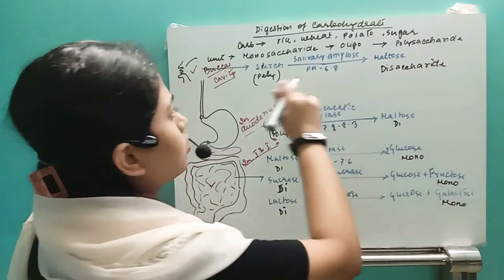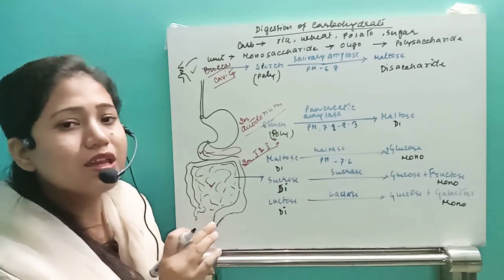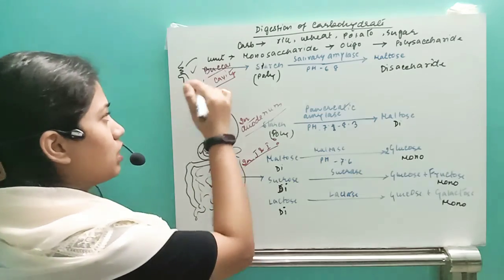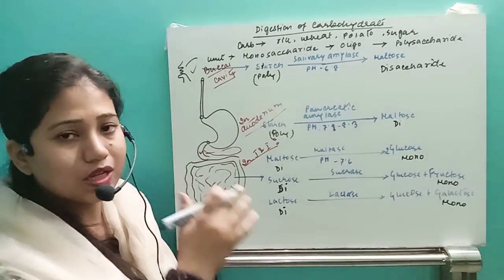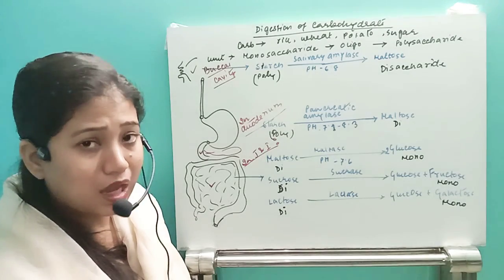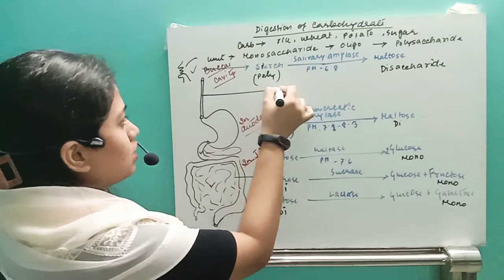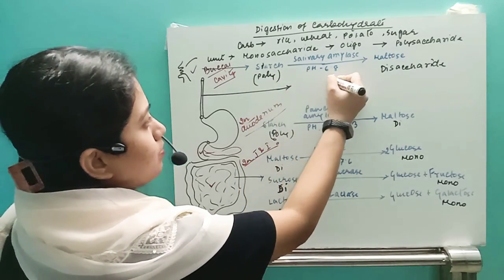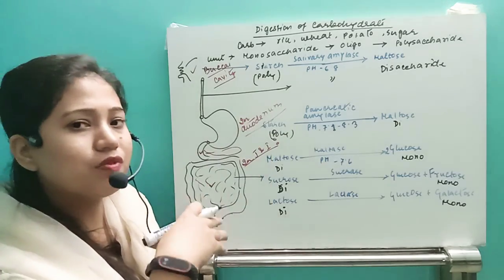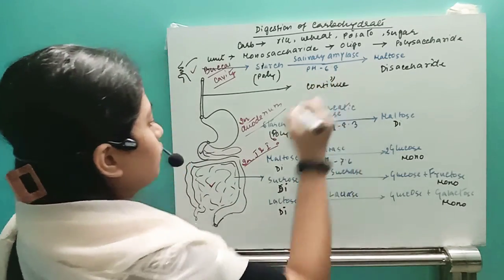Now the starch is acted upon by the salivary amylase, and the digestion process will continue in the region of the esophagus, because the esophagus does not have its own enzyme, so there is no pH change. So in the esophagus region, the same food that is mixed with the salivary amylase will continue to be digested.